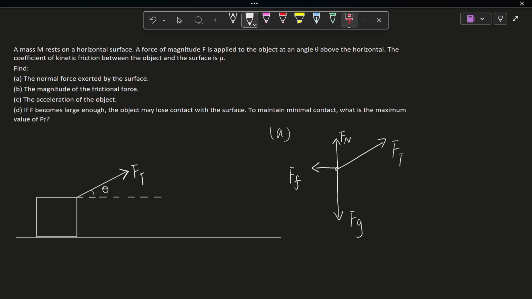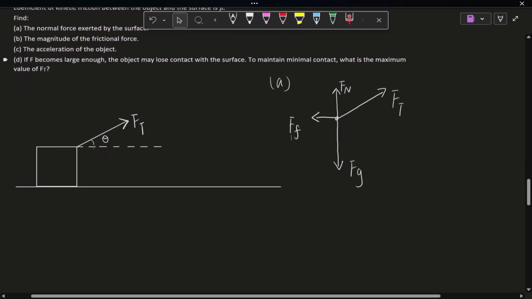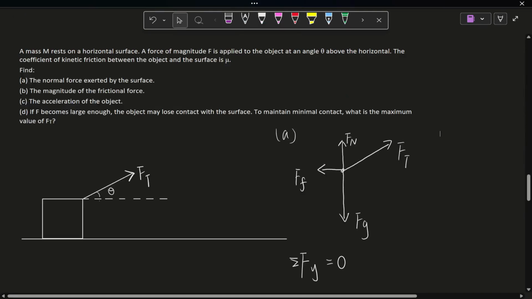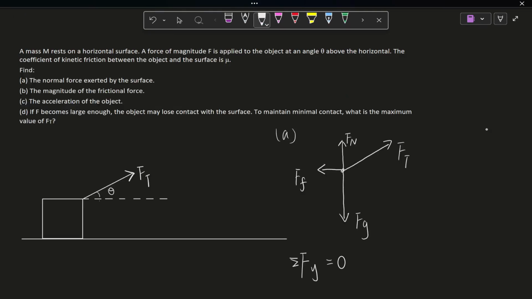First, the normal force exerted by the surface. Since the object is only moving along the horizontal direction, it is not moving vertically. There's no movement vertically, which means the net force in the vertical direction is equal to 0. So right now, what you need to do is find the components on the y-axis, or vertical direction.